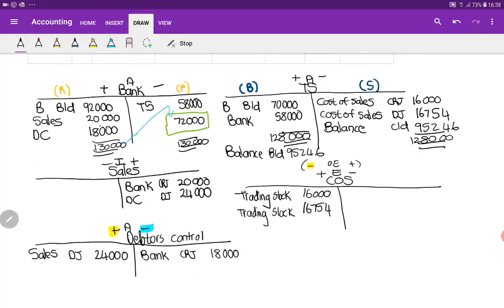If I want to find out my total sales, sales consists of cash and credit sales. If I add that up together, it equals 44,000. To find out my total cost of sales, which consisted again of cash and credit sales, 16,000 plus 16,754 equals 32,754.